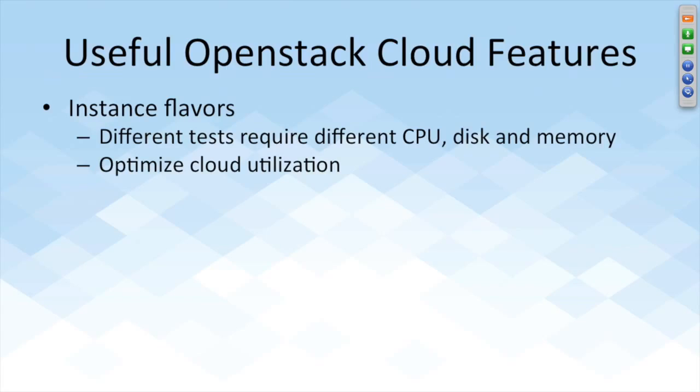Let's go over some OpenStack cloud features that we found extremely useful in our automation. As I said earlier, when we start a build and we run integration tests, we spawn many, many instances. And in OpenStack, when you spawn an instance, you give it a flavor, and the flavor specifies how much memory and disk and how many CPUs to give to that instance.